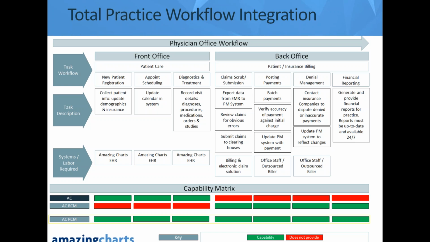And then if you look at the AC RCM, you can see those green bars. When you put those two pieces together, you've got a total workflow solution for your practice where all of the capabilities and all of the functions are managed between the front office and the back office.